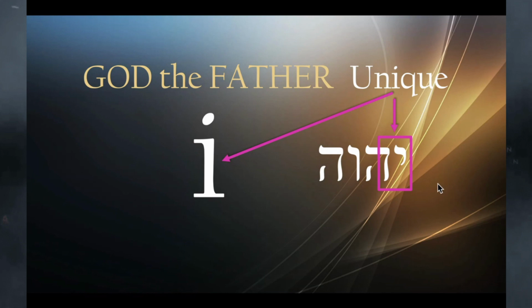So when God immediately reveals his name as Yod He Vav He, or Jehovah, the first thing he's pointing out is that he is the unique one, the unique I, the unique self, and the only legitimate and holy I.